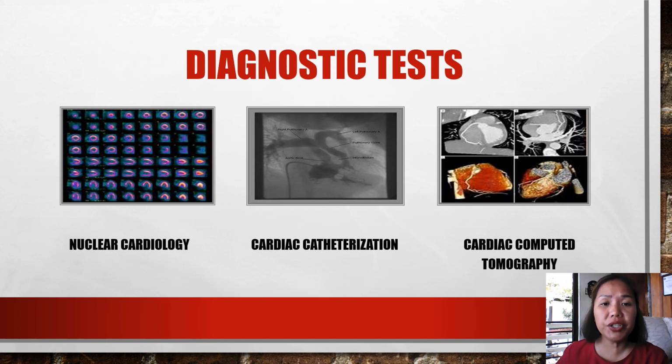Nuclear cardiology is an imaging test that uses radio waves, magnets, and a computer to create a detailed picture of your heart. Nuclear angiogram and cardiac MRI is useful in visualizing blood flow and detailed anatomy of the heart.